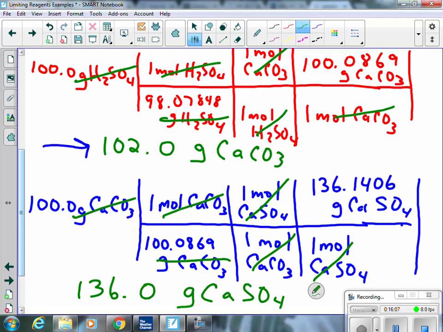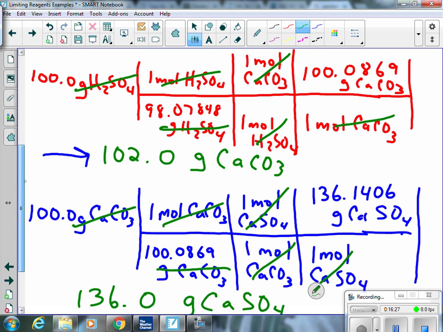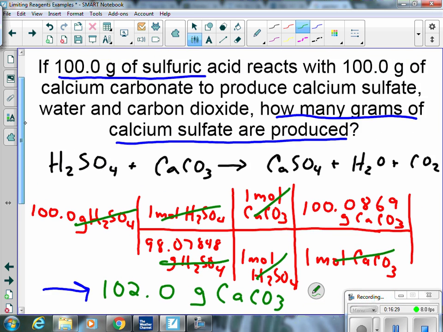Okay, the question is, how do I know that it's calcium carbonate that is the limiting reagent, okay? Calcium carbonate is the limiting reagent. Let me go back up a little bit here, okay?